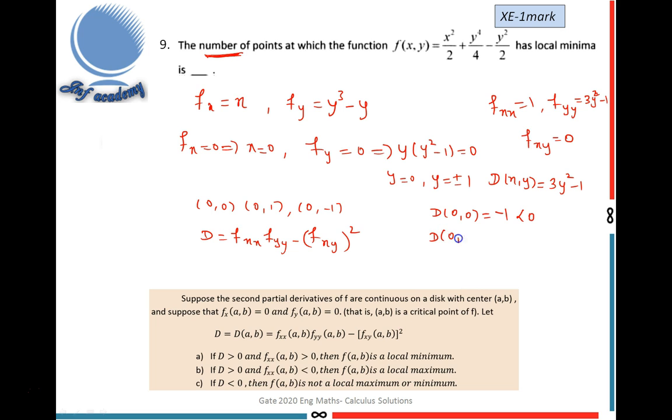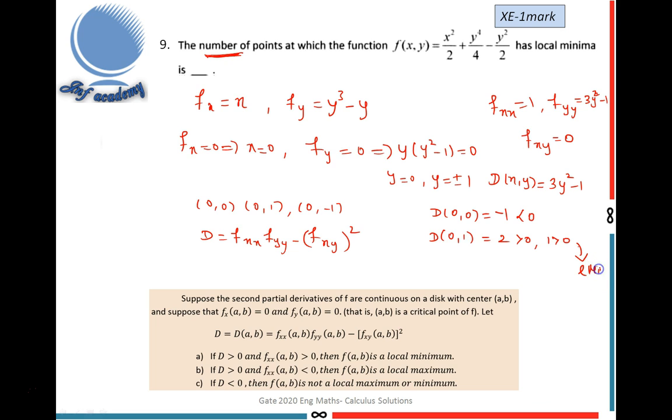Next, D of 0 comma 1. I got 3 minus 1, 2. This is greater than 0. So D is greater than 0. I have to check fxx. Fxx is 1, this is always greater than 0. So f of a comma b is a local minimum. This point is a local minimum point.